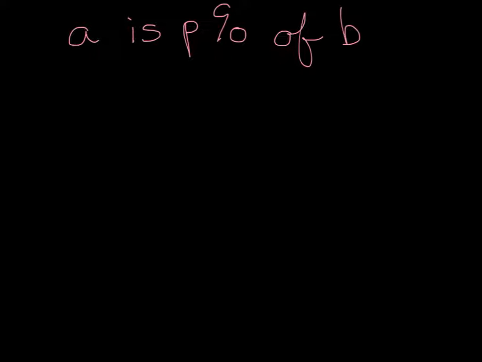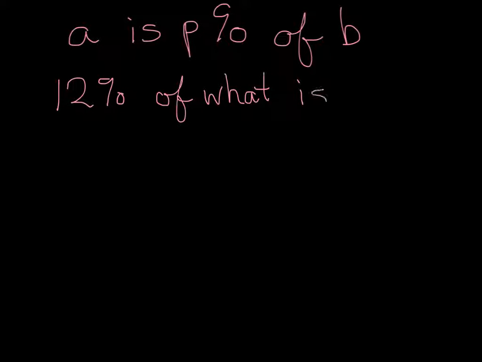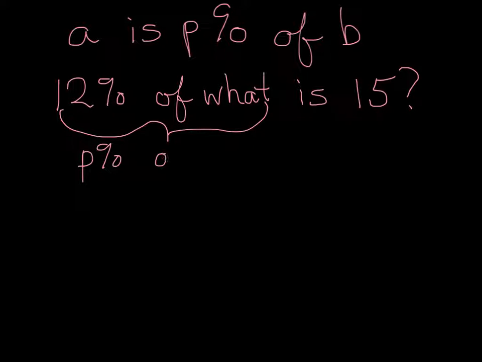If we have, for example, 12% of what is 15, okay, if we put it in the same format, A is P% of B, okay, this part here would be the P% of B, okay, and this, the 15, is the A.